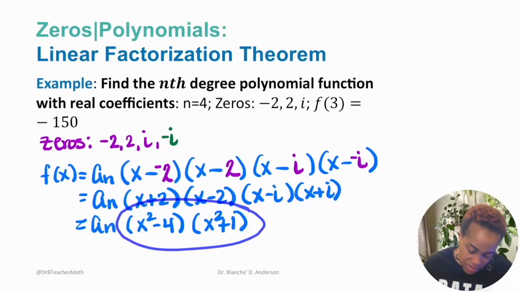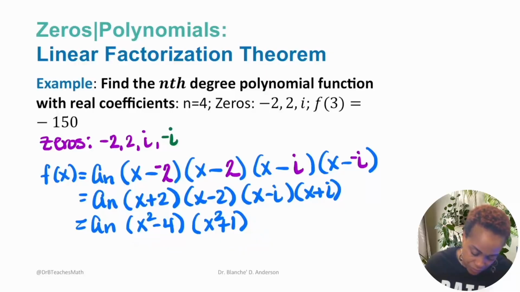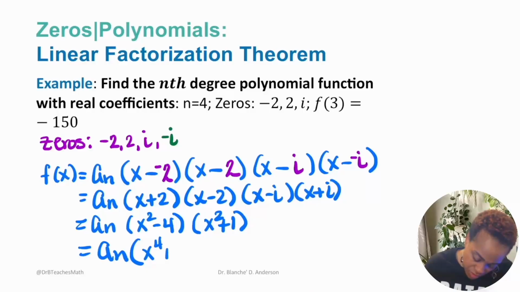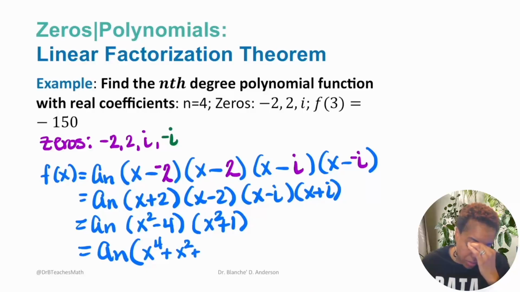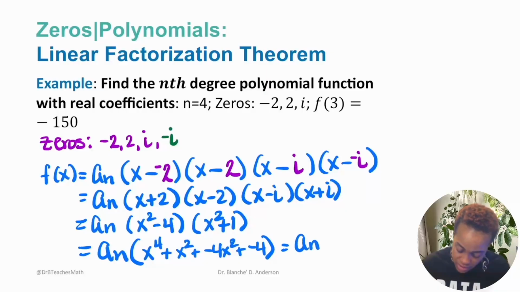Now we're going to multiply these together. I'm just going to FOIL it. You get x to the 4th, plus the outer, x squared plus minus 4x squared, plus minus 4. So you get a sub n times x to the 4th minus 3x squared minus 4.